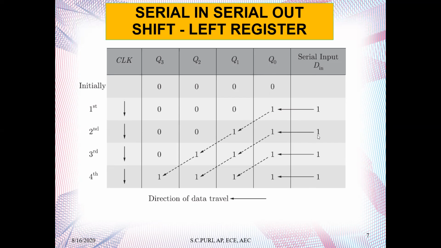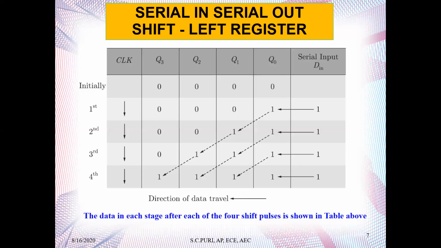In the second clock, the 1 is shifted and stored in the next flip-flop, and as we are using D flip-flops, it simply sees the output 1 in the second clock and stores it. Likewise, in the fourth clock, all the flip-flops will store the input we have applied. If it is 1011, it will be 1011, and so on. This is the direction of the data travel, that is the shift left operation.